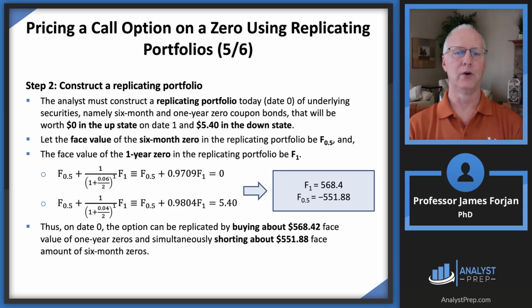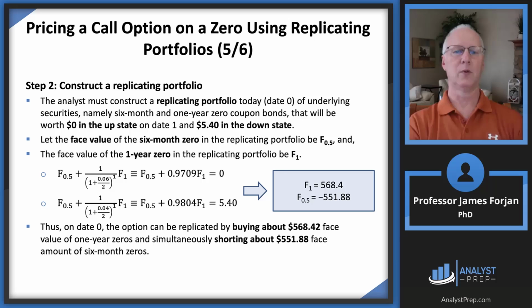Step 2, what we're going to do is construct a replicating portfolio. We're going to construct this replicating portfolio at time period 0. We're going to buy 6-month and 1-year zero coupon bonds that will be worth $0 in the upstate and $5.40 in the downstate. So we're going to just put together a couple of equations here.